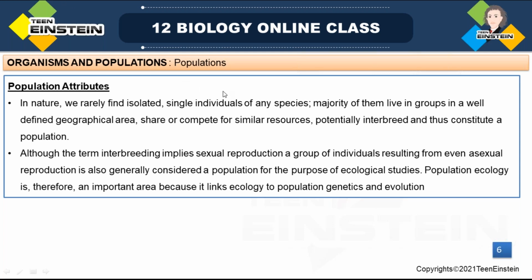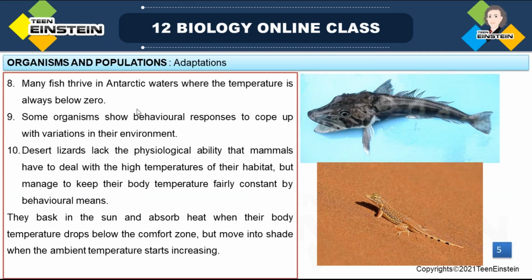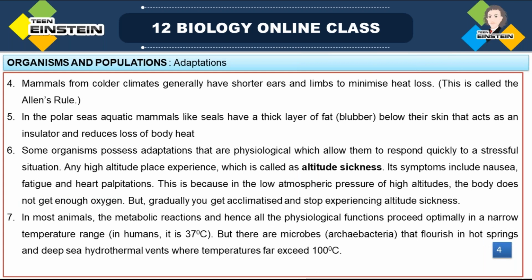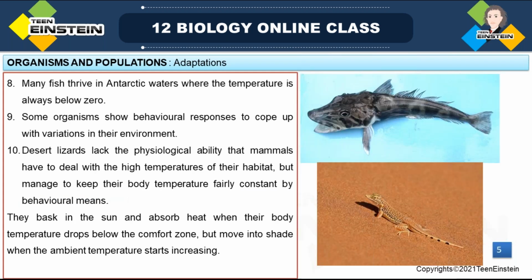Hope up to this everything is clear. Today we have learned about different kinds of adaptations. Each and every example is very important, mainly for the NEET exam. In this, blubber is very important. Then high altitude sickness.